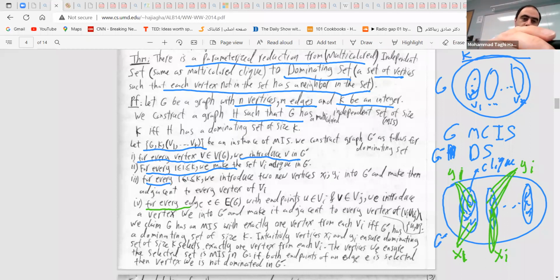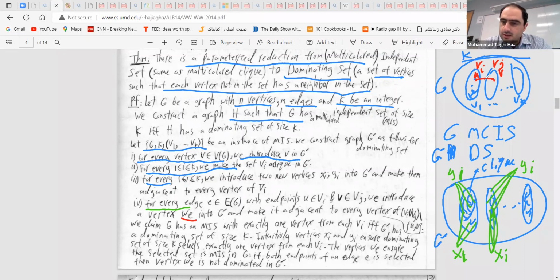Now, what is the fourth step? The fourth step is that we need to model the edges. So whenever there is an edge here between these two vertices, between U and V, say this is Vi and this is Vj, then we are creating a vertex WE.